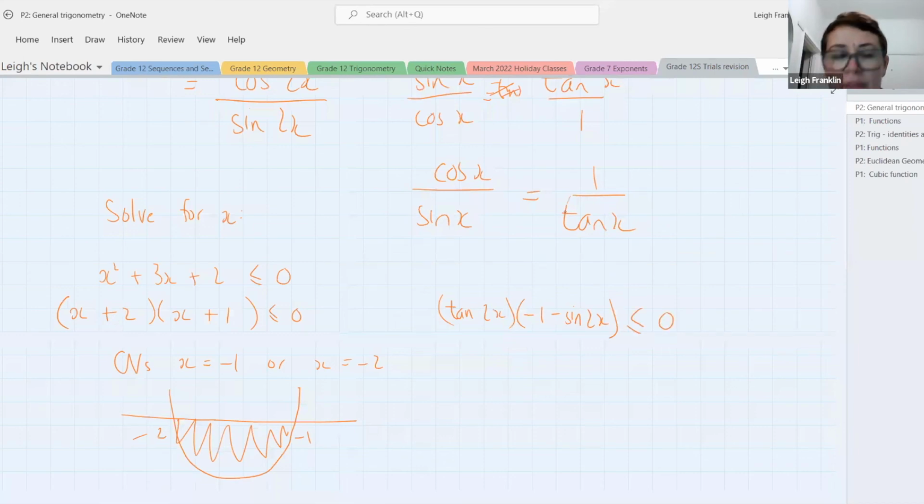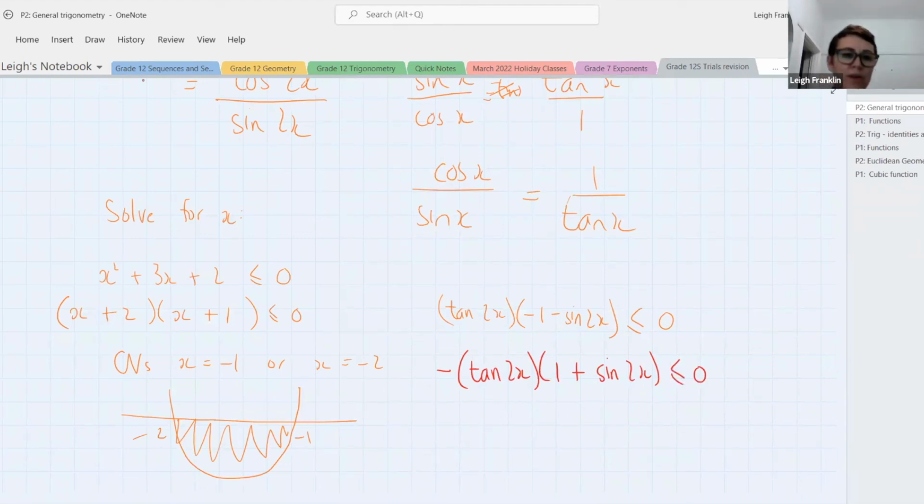So can you see they've factorized it? Okay, they've given us a bracket. Now, what we want to do is take the negative out of the second bracket, because remember our other graph is 1 plus sine 2x. So if we take out the negative from this second bracket, we've got negative times tan 2x times 1 plus sine 2x is smaller than or equal to 0.